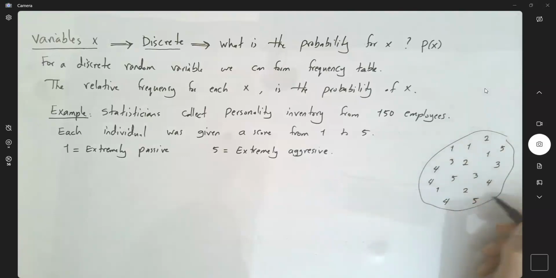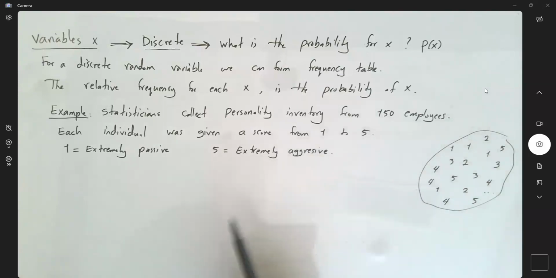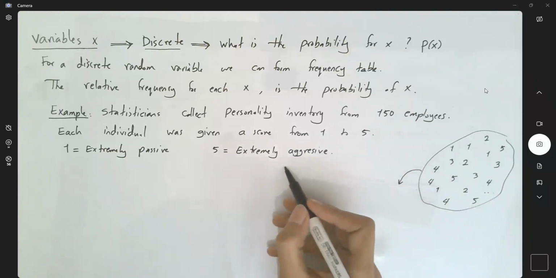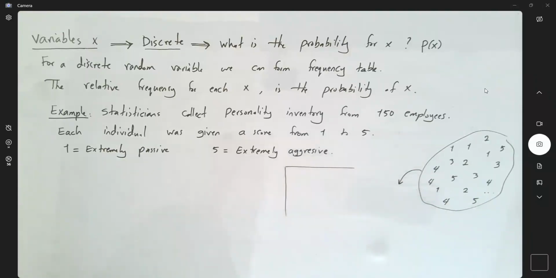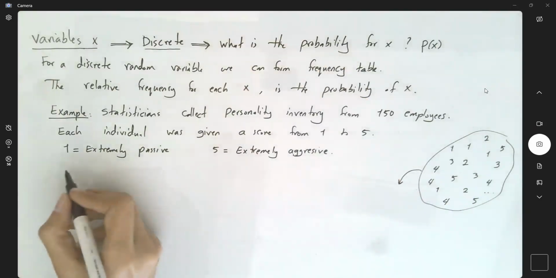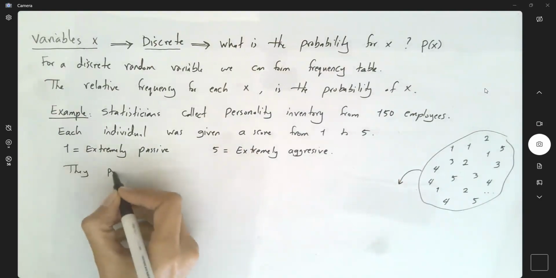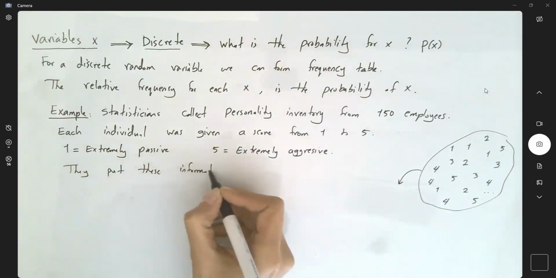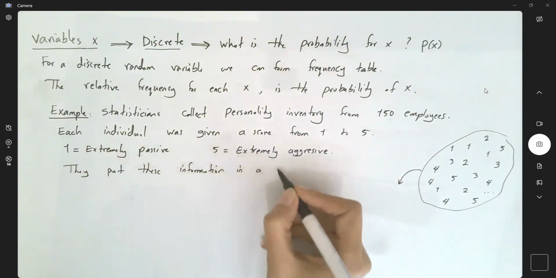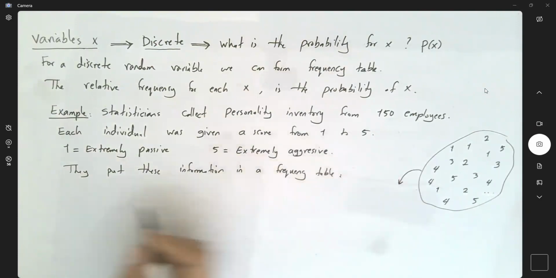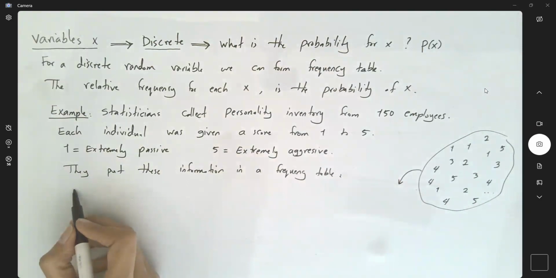There are 150 scores, so I'm not going to list them all. They arrange these in a nice compact form for us in the following table. So let me move the table here. This is what they collected. They put this information in a frequency table below. So here we go.